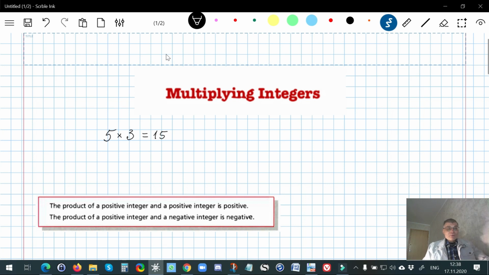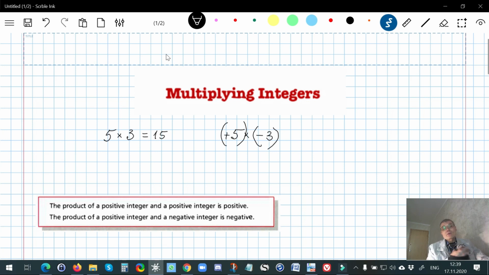But what if we have signs here? For example, positive 5 is multiplied by negative 3. At first we would put parentheses around the numbers to make it easier for you to understand what the sign is.